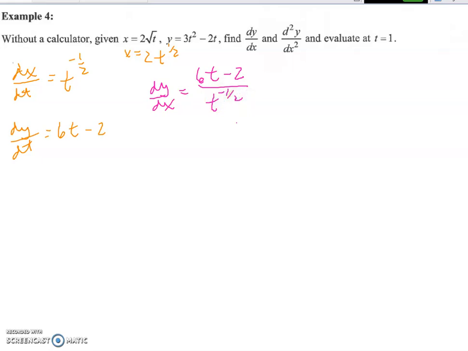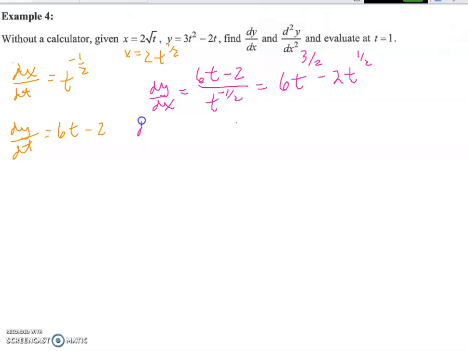Now we can go ahead and clean that up a little bit. I'm going to divide each term by t to the negative 1/2. So when we divide like bases, we are going to subtract our exponents. So we end up with 6t to the positive 3/2 minus 2t to the 1/2. Alright, so that is our first derivative.